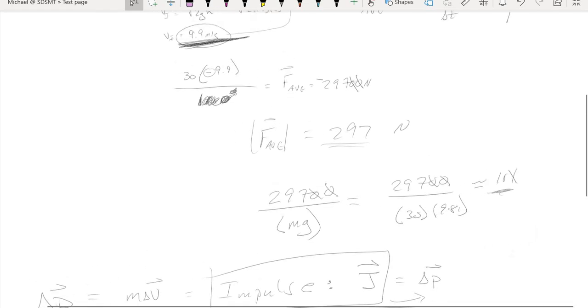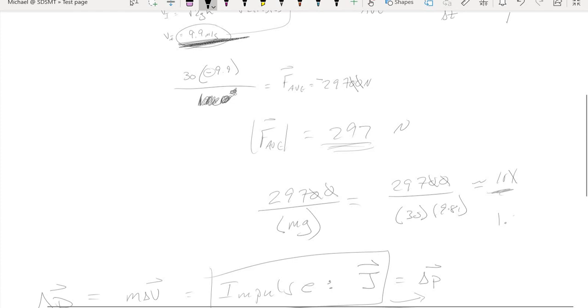And so now, looks like we're getting something just a tiny bit above the average amount of force that would be experienced.